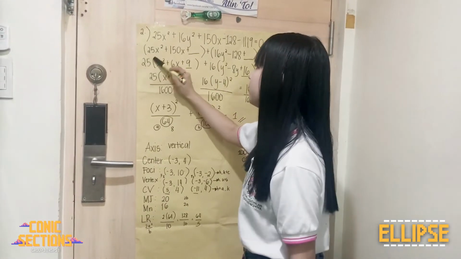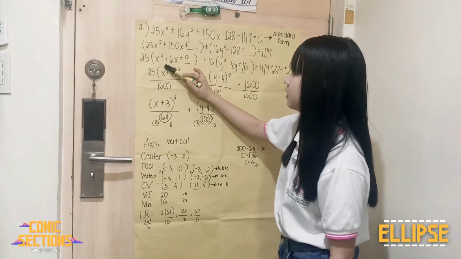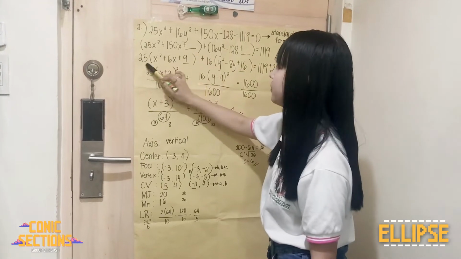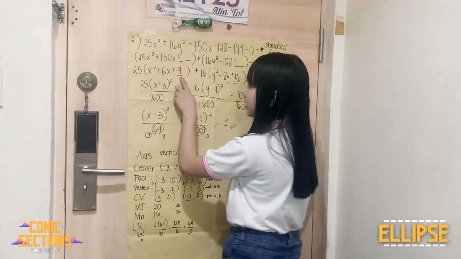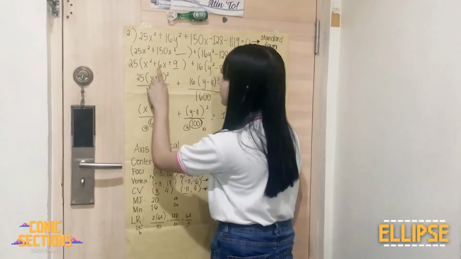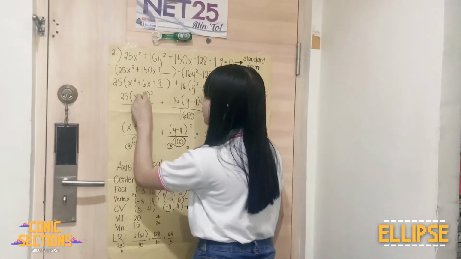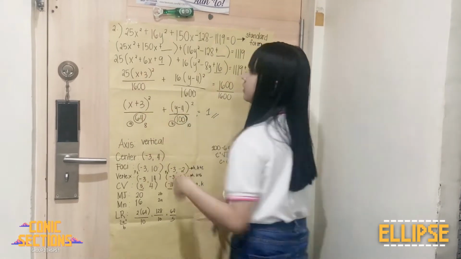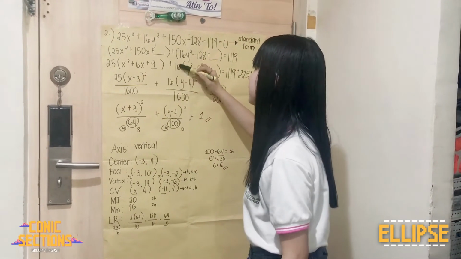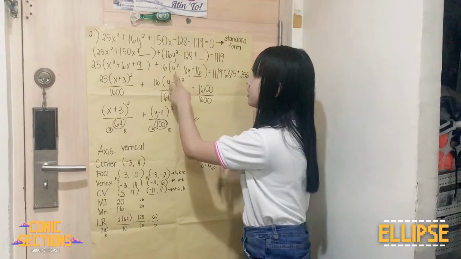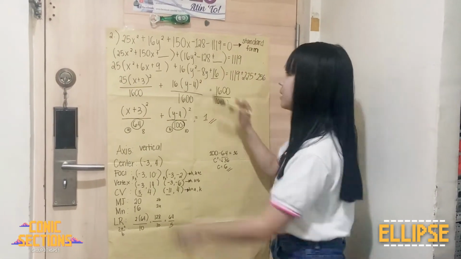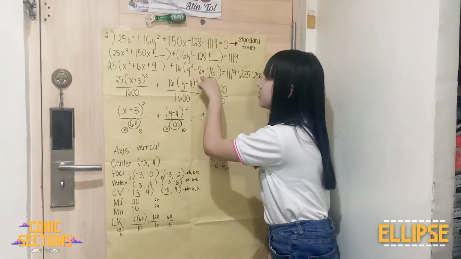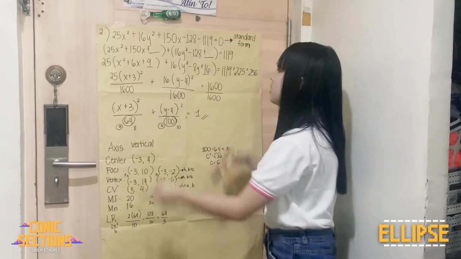So we have 25x squared plus 6x, since 25 times 6 is equal to 150. In order to identify this blank, we have to divide 6x by 2, 3 squared is equal to 9. Plus 16y squared minus 8y, because 16 times 8 is equal to 128, plus 16.